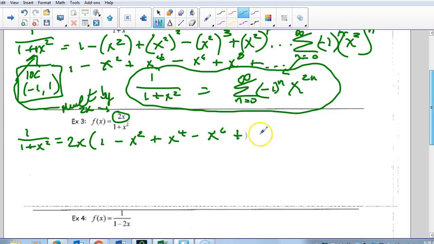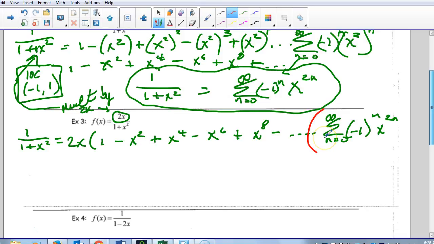Plus x to the 8th. Minus, plus, whatever. We get to the sum from 0 to infinity of -1 to the n, x to the 2n, but I multiplied this whole thing by 2x.